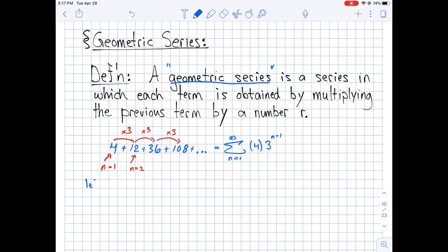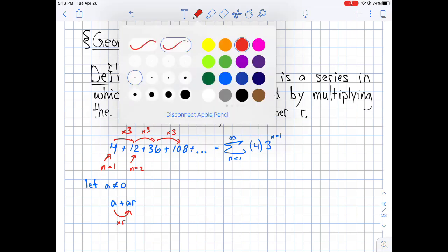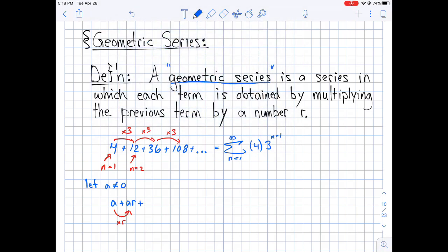First off, the value that we start with at the beginning is going to be a, and we're going to add in the restriction that a cannot be 0. So if I start off at a, and that's my first term, then the second term will be a multiplied by r. Again, we're going to be multiplying each term by r, and r is our common ratio. Then we multiply again by r.